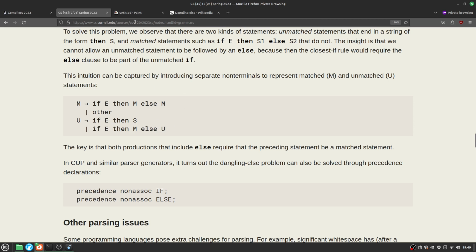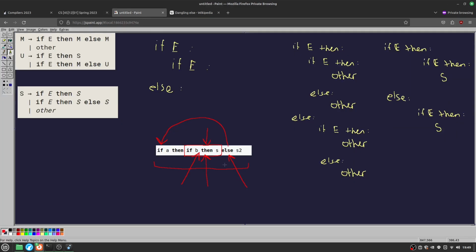Right, so we have to force... I still don't understand how we would force that. So what we're seeing here is... Let's get rid of this stuff.